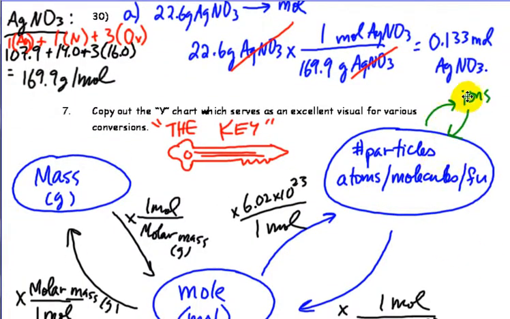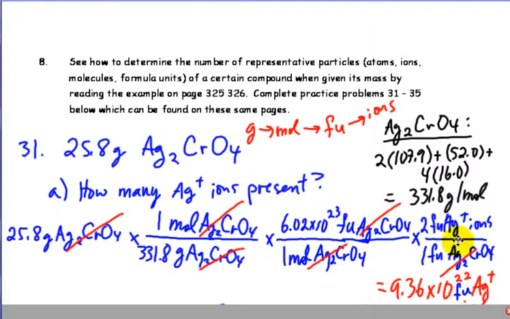Now, depending upon the formula, that determines what I have for this last step. If I have 1 silver chromate compound, I have 2 silvers. The terminology that we use there is formula unit. If I have 1 formula unit of silver chromate, I have 2 formula units of silver ions.